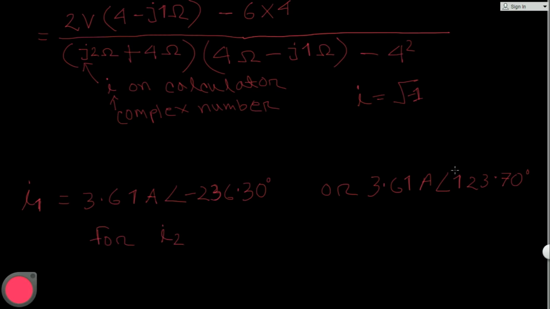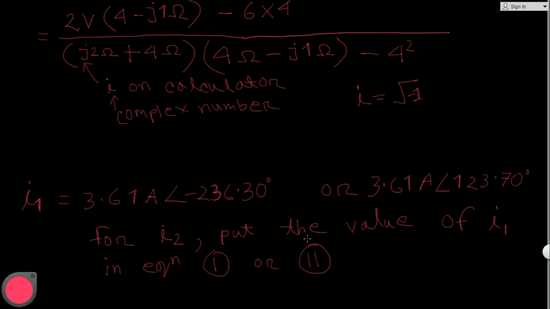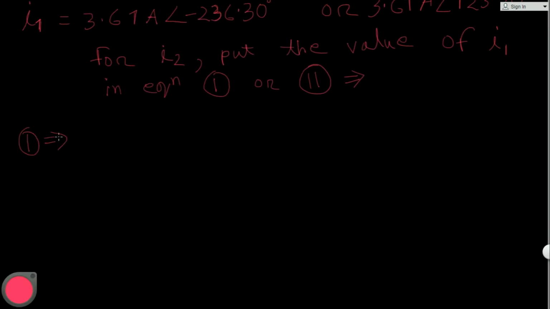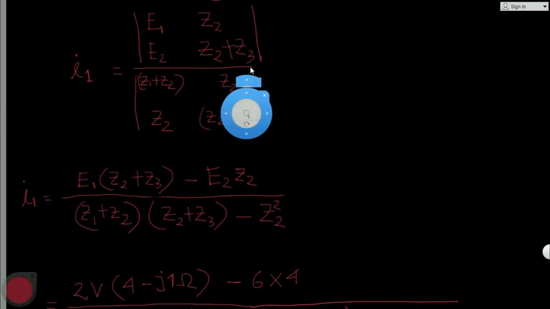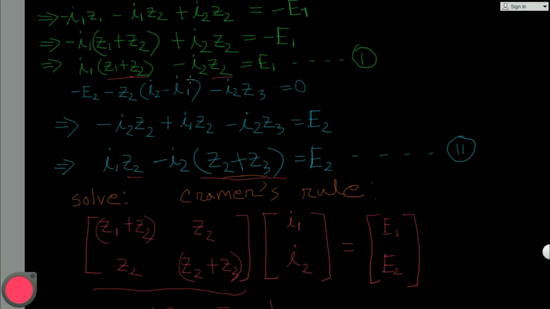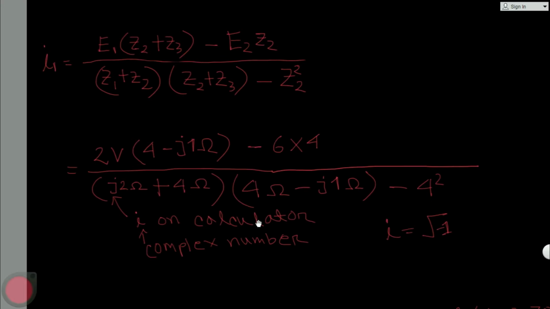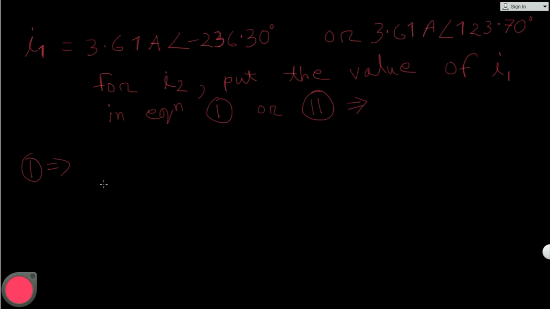For I2 you can put the value of I1 in equation 1 or equation 2. It's your choice. So let's put the I1 in equation 1. What is equation 1? It is this one. I1 into Z1 plus Z2 minus I2 Z2 equal to E1.